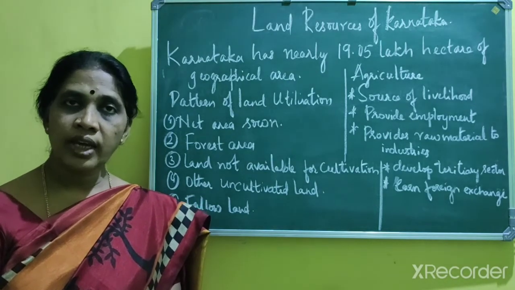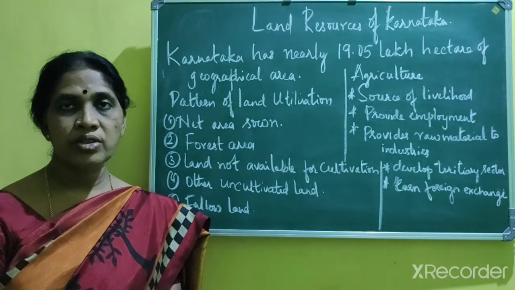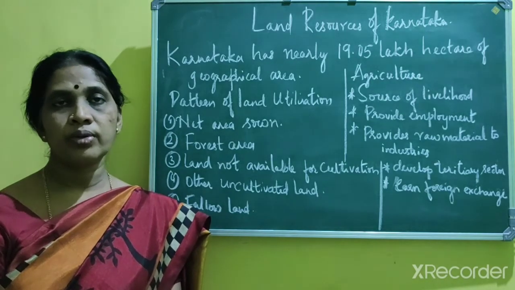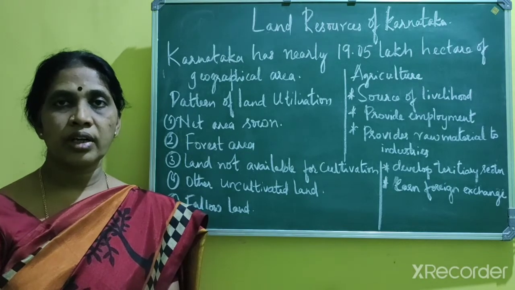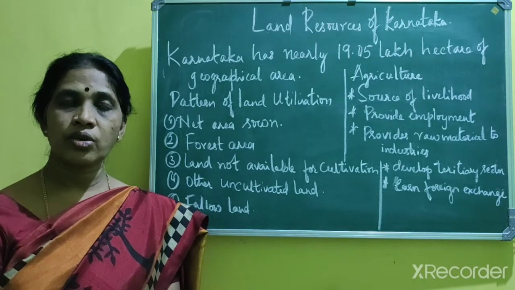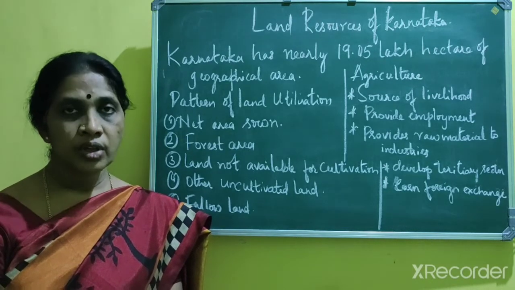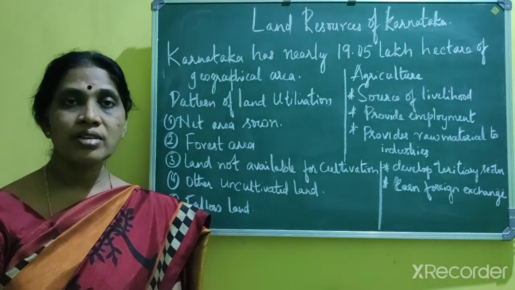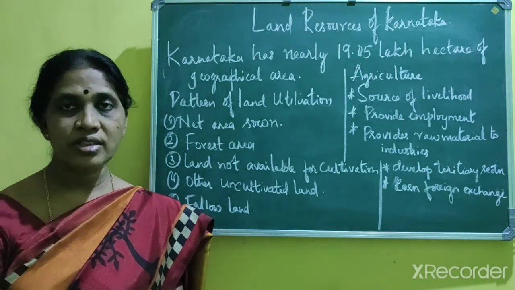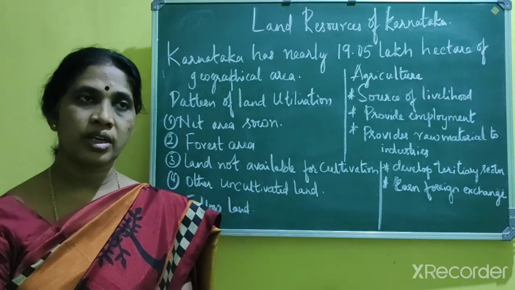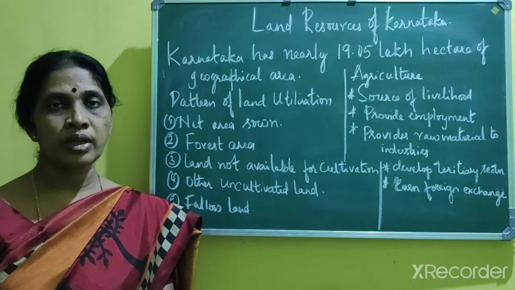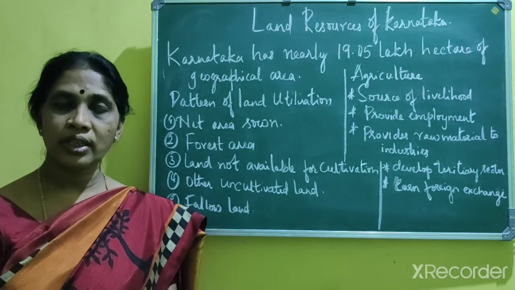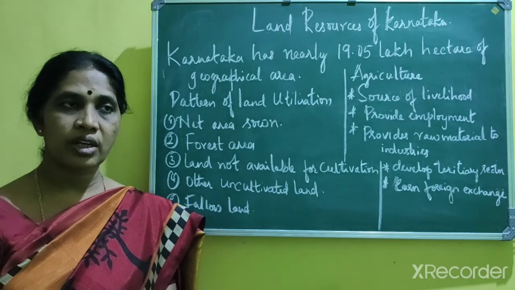Areas like Shivamogga, Chamarajanagar, Chikmagaluru, Kodagu, Belagavi, Dakshina Kannada, Udupi, and Ballari districts also have a very good amount of forest area. Whereas Bijapur has a small amount of forest area. Even Bengaluru Rural, Raichur, Bidar and Gadag districts have less forest area.